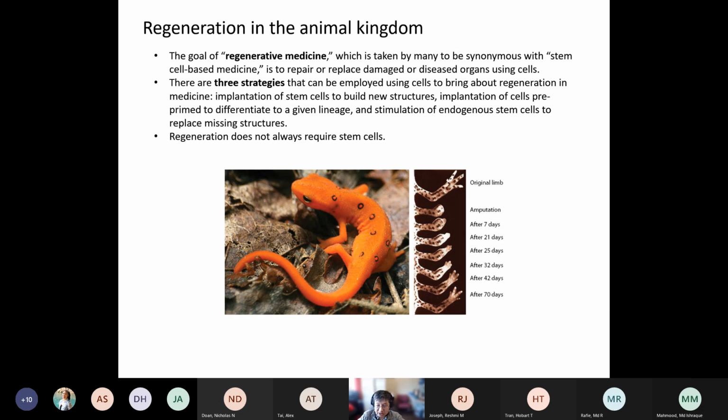So to decide whether stem cells are involved or not, you need to figure out whether, in that repairing process, you have these stem cells as we have defined. Regeneration doesn't always involve stem cells, no matter whether it's pluripotent stem cell or embryonic or adult stem cell.